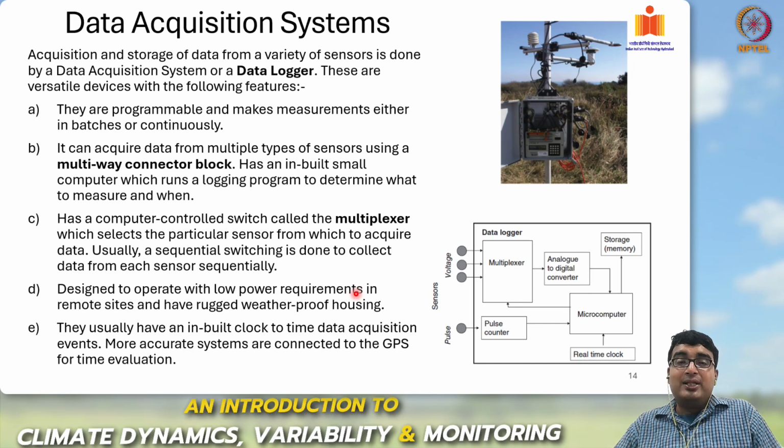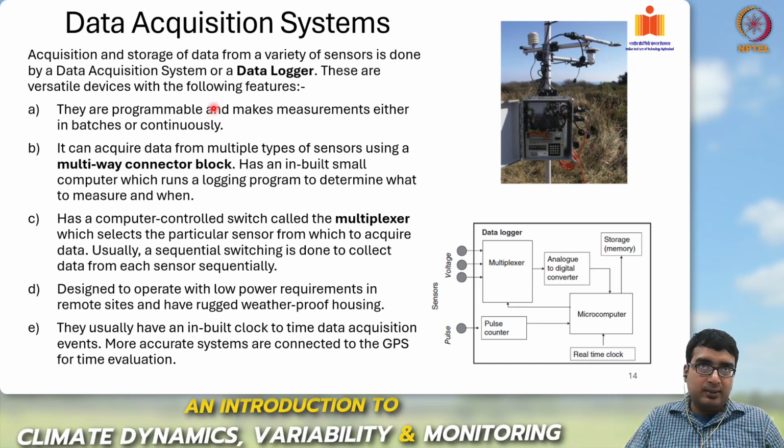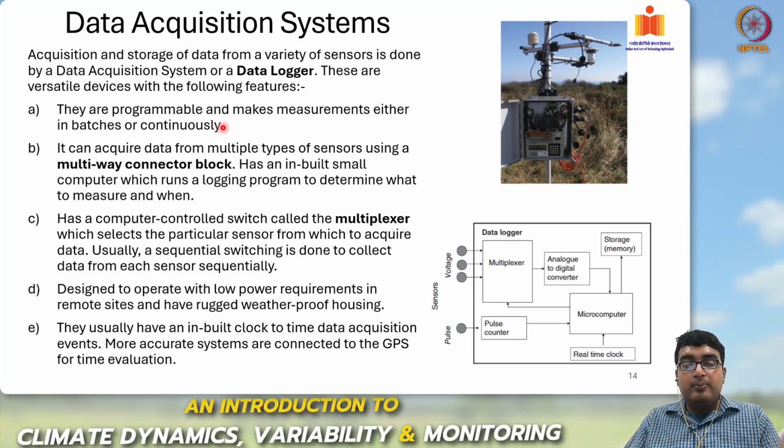So, acquisition and storage of data from a variety of sensors is done by a data acquisition system or a data logger. Typically, these devices work with multiple types of sensors. There may be pressure sensors, wind sensors, humidity sensors, radiation sensors, all in one. They are programmable and make measurements either in batches or continuously.